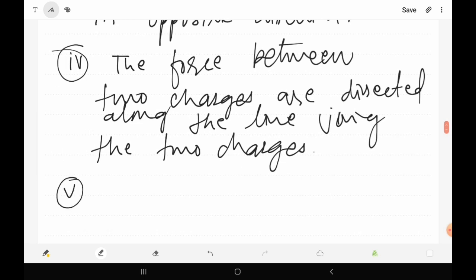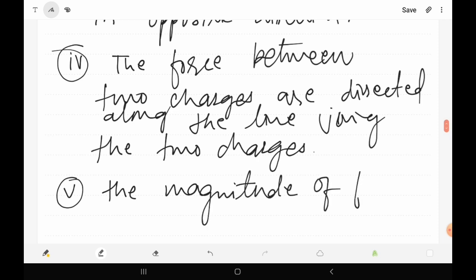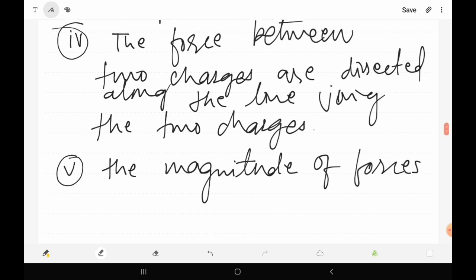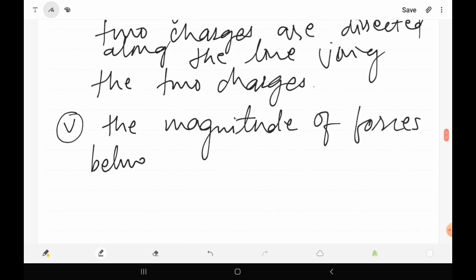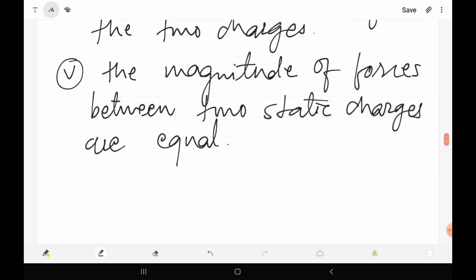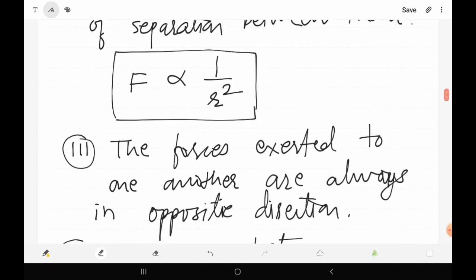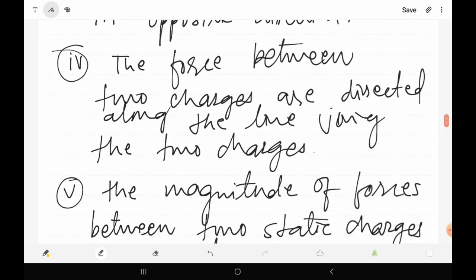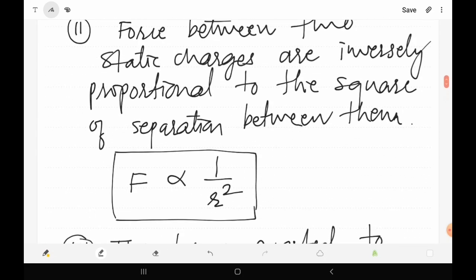Fifth point, the magnitudes of forces between two static charges are equal. These are the points which explain the behavior of force between two static charges.